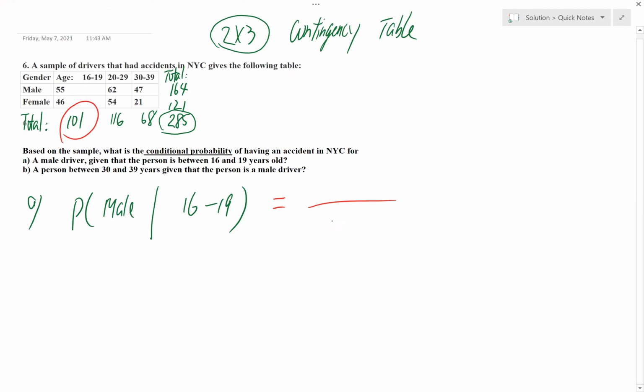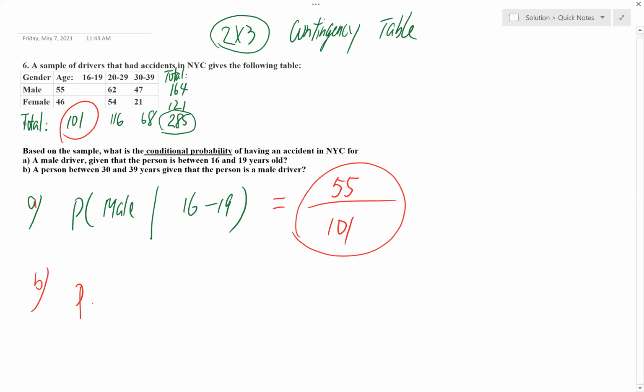And for that particular group, total amount of people 101, 55 of them are male. So we do 55 over 101. Okay. So that's exactly what they try to ask you, right? So they want you to find the percentage of male drivers in this particular survey under the age group between 16 to 19. And this is that answer. Actually, I prefer that. So if you can, leave it as is.